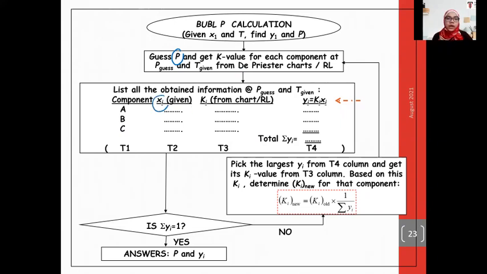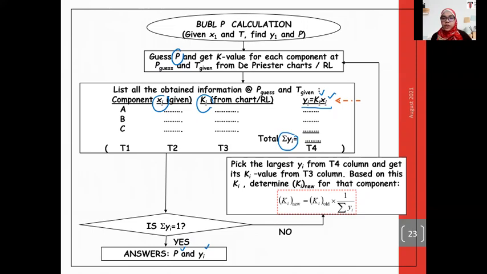Okay, xi is given, and then Ki is obtained by guessing the value of P. Then you may determine the yi here using this correlation, because Ki is obtained as well as the value of the liquid composition. If the summation is equal to 1, you can finalize your pressure and the composition.